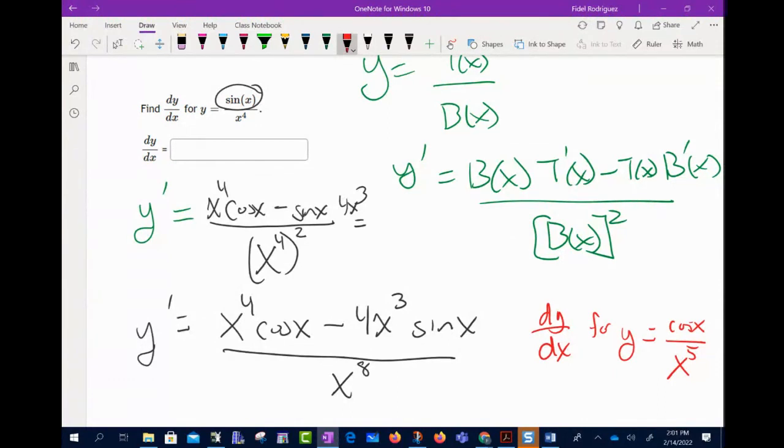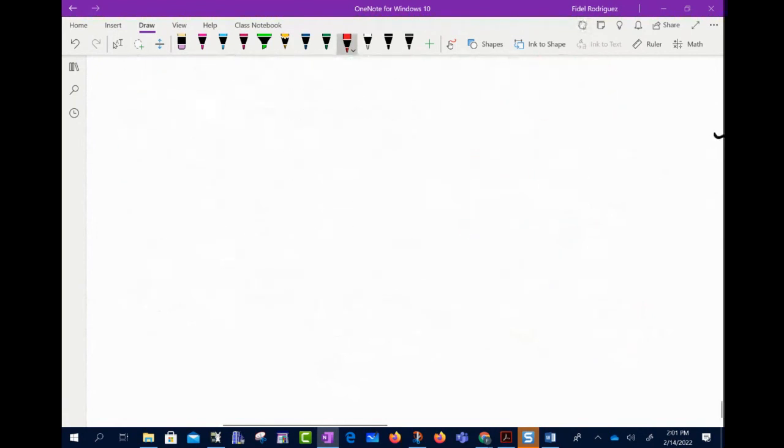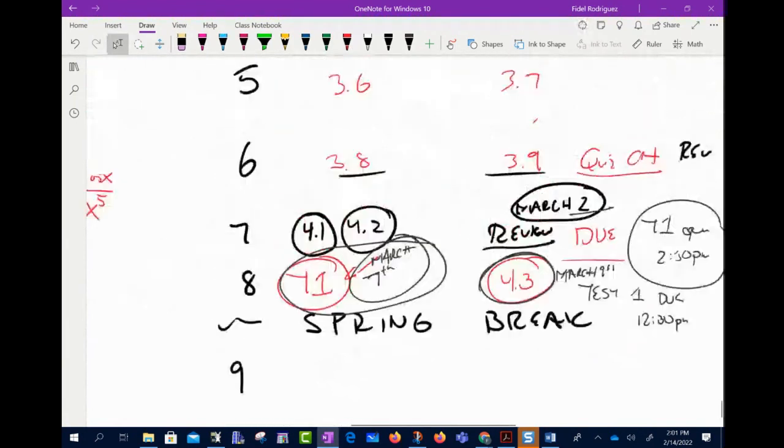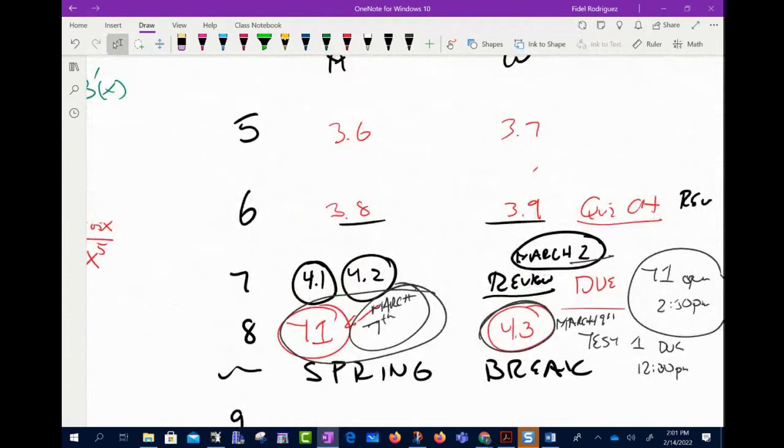So anyway, I just wanted to give you all a heads up of what we're going to be doing in the next few weeks. Again, next week on Wednesday, I'll have a quiz ready for you guys, and I'll also have the review for the test. And then the next week, we will do a little of chapter 4, because we still have to move forward a little bit. You know what I mean?